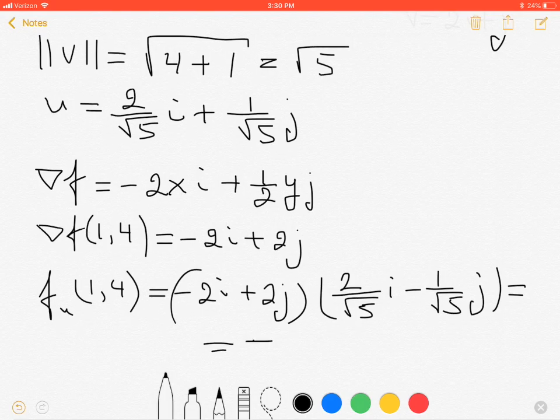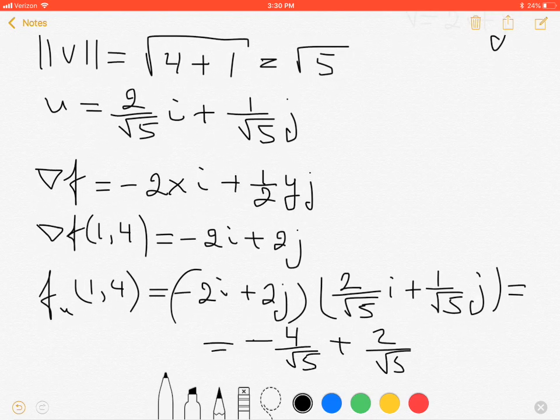This means we have minus 4 over square root of 5, and I think we have plus here, yes, plus 2 over square root of 5, it will be minus 2 over square root of 5. Great.